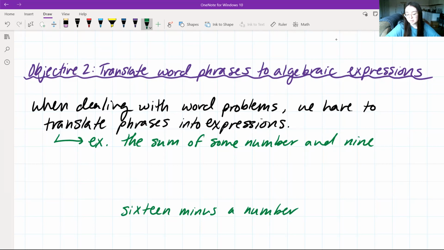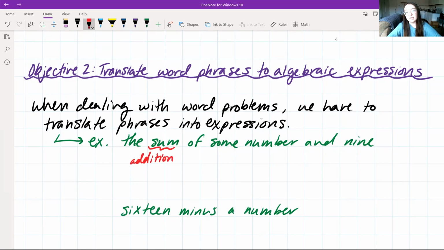So we have the sum of some number and 9. Let's identify some parts of this phrase before we jump right into writing out the expression. First, we have the sum, and the sum indicates addition.